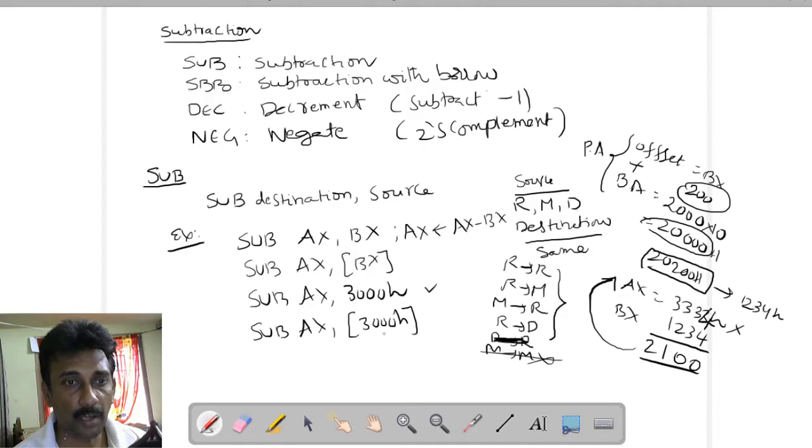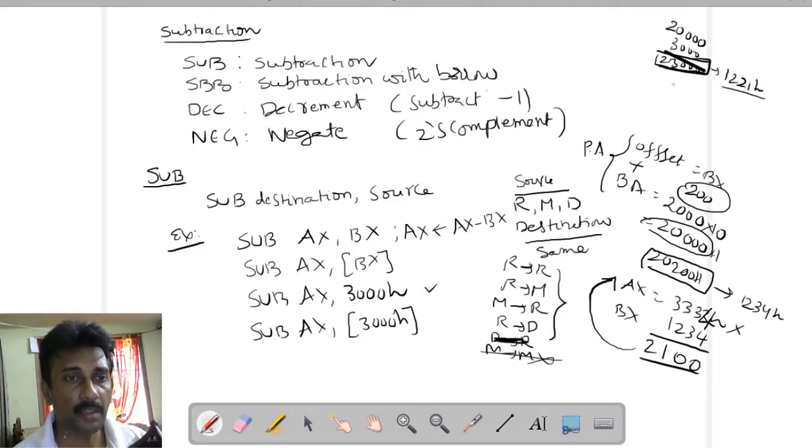This is the offset value. This offset 3000 will be added with the segment base address. Imagine this is the base address, so with 3000 the memory location is 23000H. In this 23000H memory location, we have data. Suppose it is 1221H.